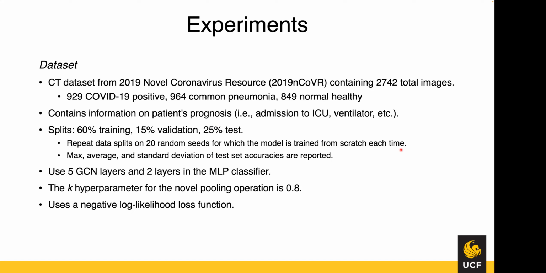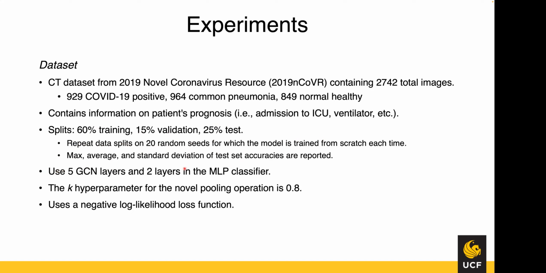And what they do here that I actually really liked is they repeat these data splits starting from 20 random seeds and retrain the model each time from scratch. So you actually get results that are data split independent. And then they take the max, average and standard deviation of the test set accuracies.